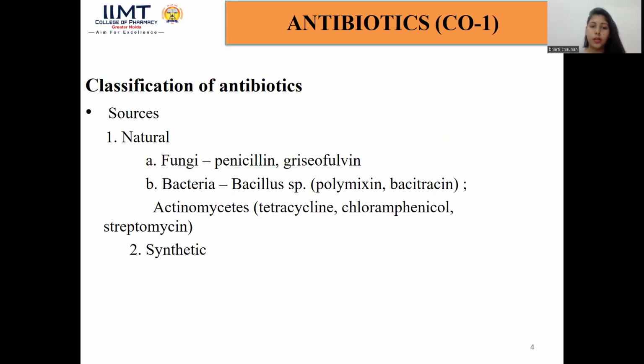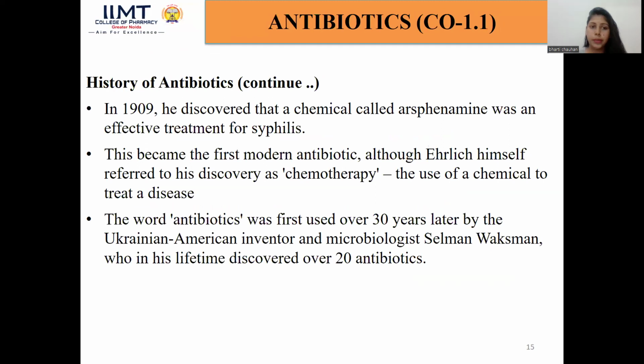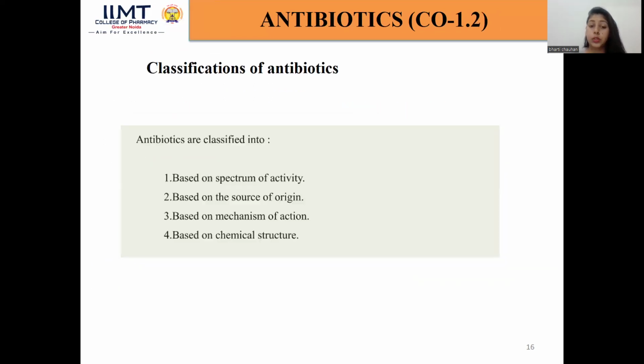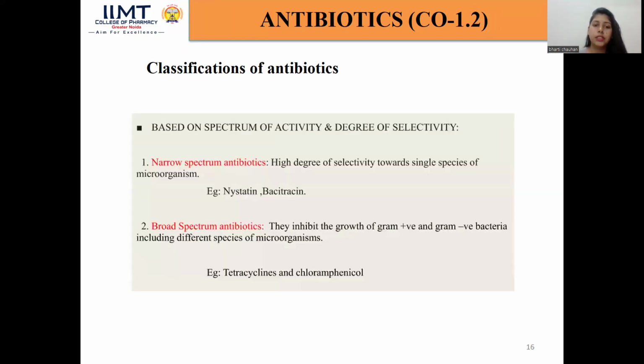On the basis of 4 parameters, we discuss the classification of antibiotics: based on spectrum of activity, based on source of origin, based on mechanism of action, and based on chemical structure. First, on the basis of the spectrum of activity, the classification is divided into narrow spectrum and broad spectrum.